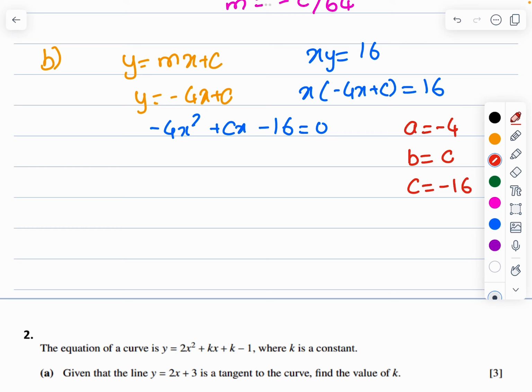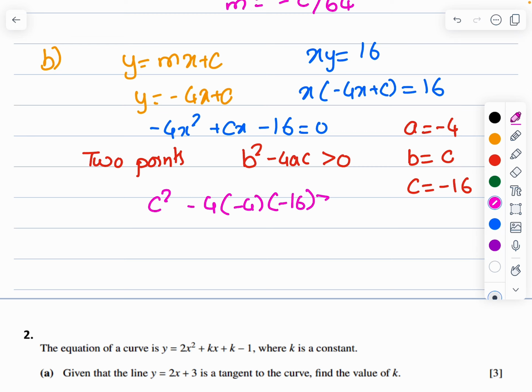Now it intersects at 2 points. 2 points means nothing but what? b² - 4ac is greater than 0. So c² - 4 times (-4) times (-16) is greater than 0. So c² - 256 > 0.